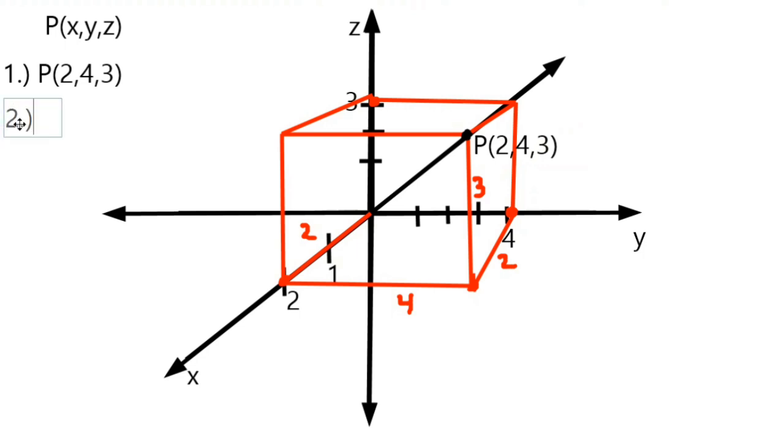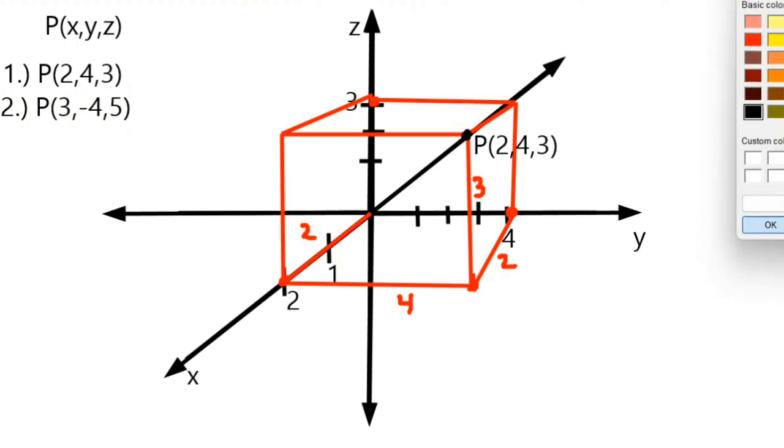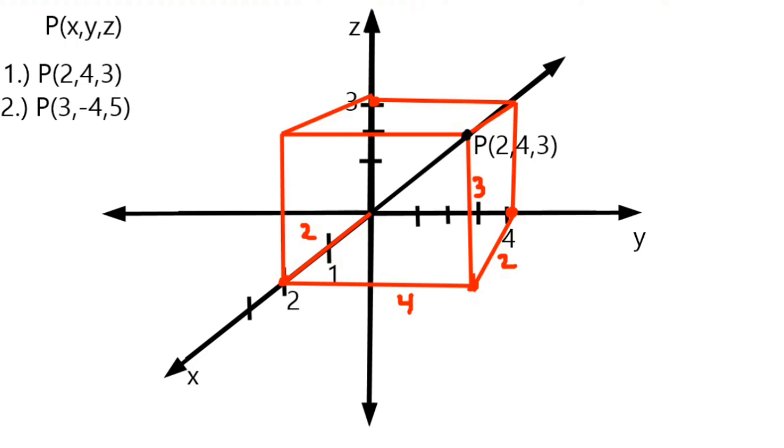Now let's move on to our second point. Let's consider a point (3, -4, 5). This is the same as the two-dimensional coordinate system, where if you go to the opposite side of the positive, you get negative numbers.